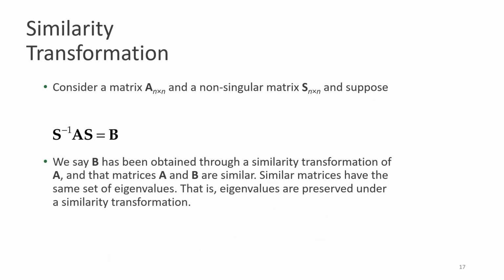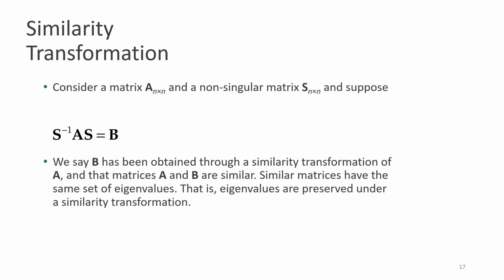So let's say you have a matrix A, an n by n matrix, and a non-singular n by n matrix S, and suppose that S inverse multiplied by A multiplied by S is equal to another matrix called B. Then we can say B has been obtained through a similarity transformation of A, and that matrices A and B are similar.